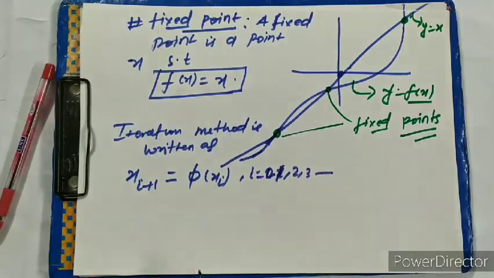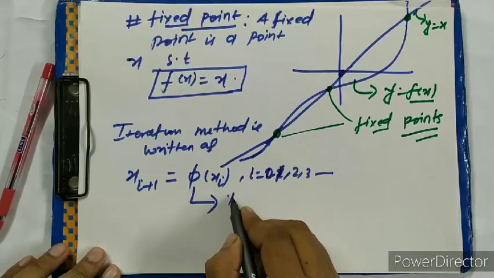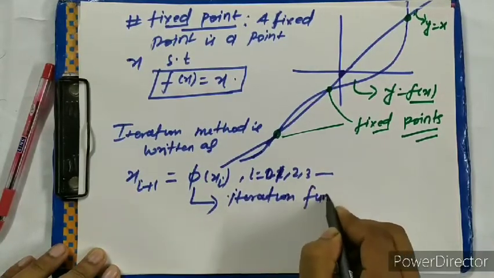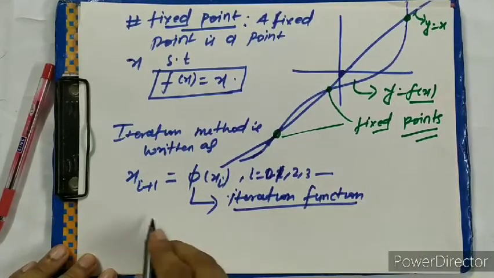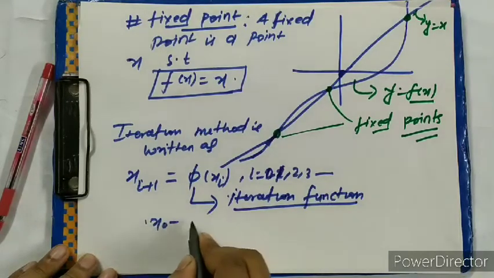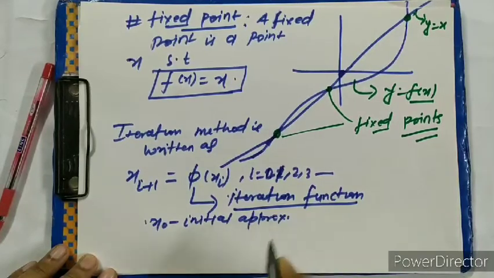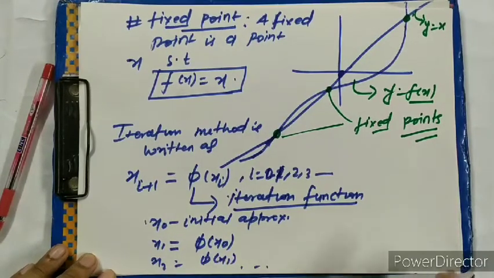The function φ(x) is called the iteration function. So start with an initial approximation. Suppose x0 is the initial approximation, then x1 can be calculated as x1 = φ(x0). Similarly x2 = φ(x1), and so on and so forth.